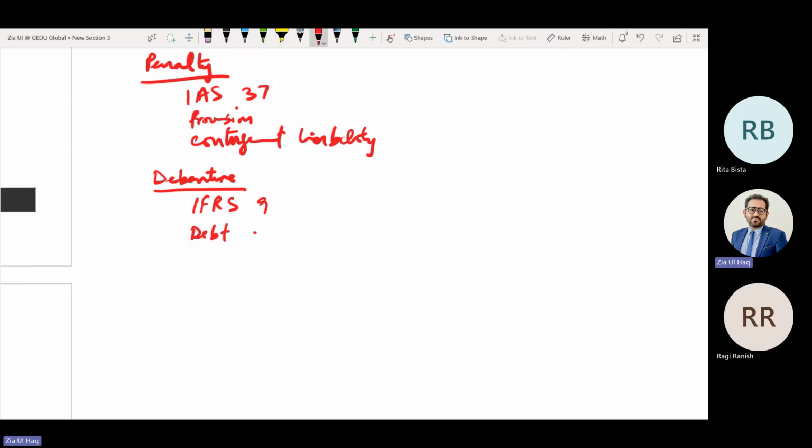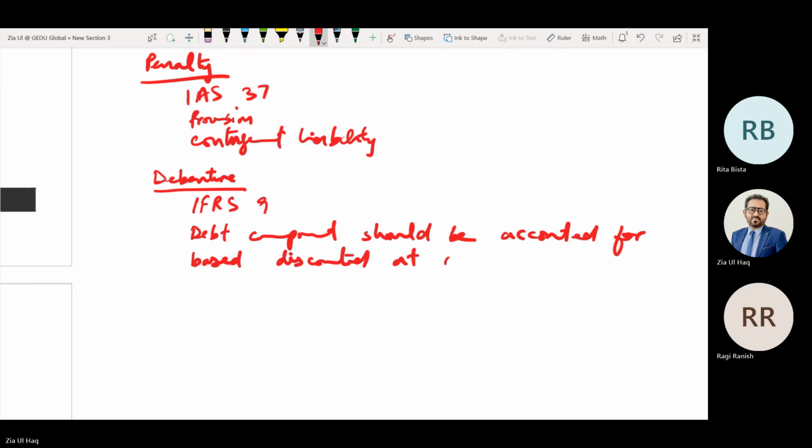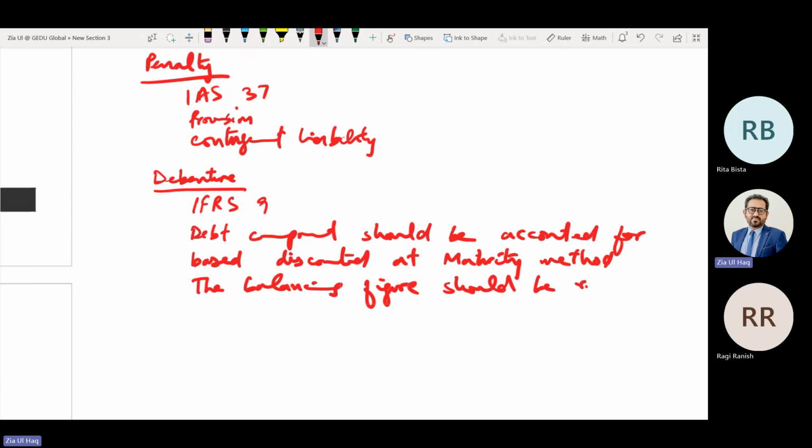So the debt component should be accounted for based on the discounted at maturity method. The balancing figure should be recorded as equity.